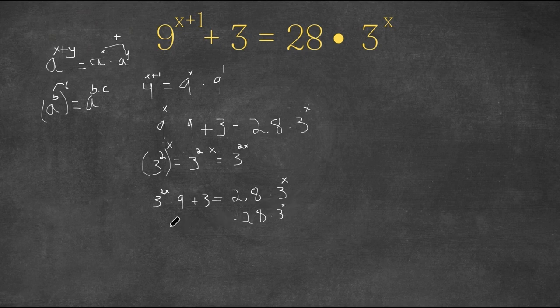By doing that, we get 0 on this side because these two cancel out. So we have 0 equals 3 to the power of 2x times 9, minus 28 times 3 to the power of x, plus 3.